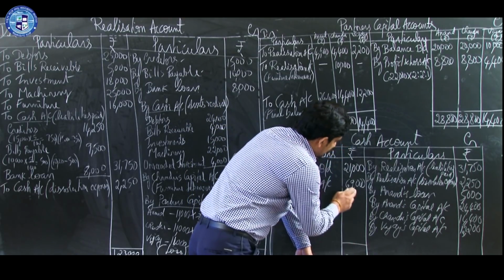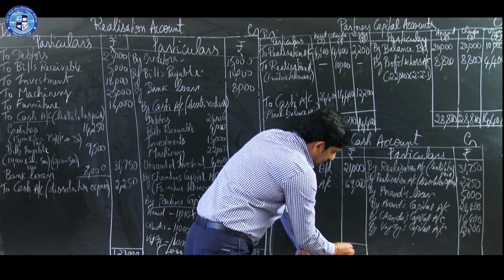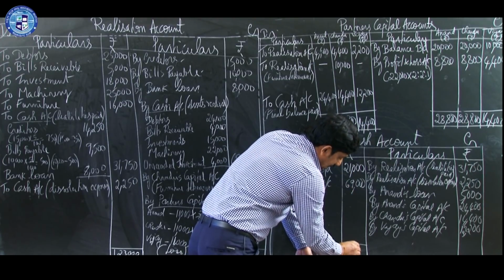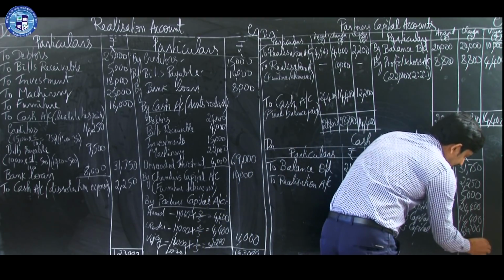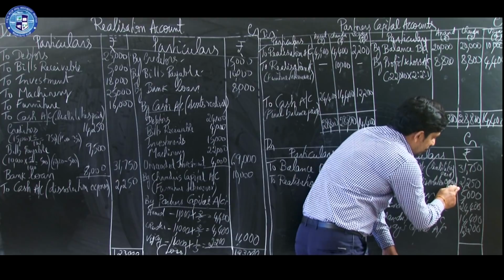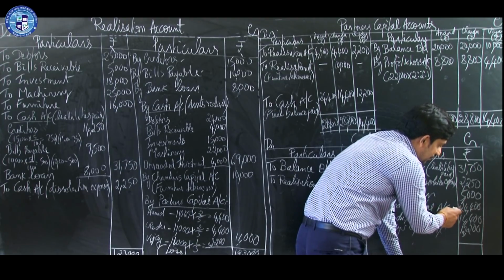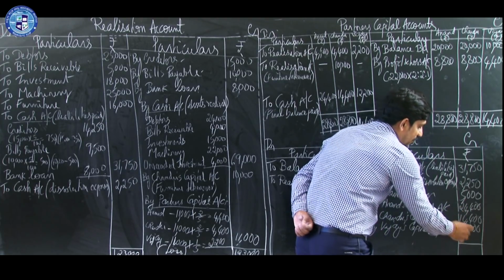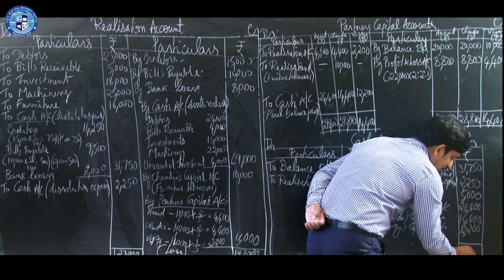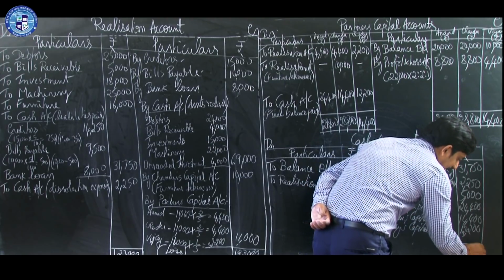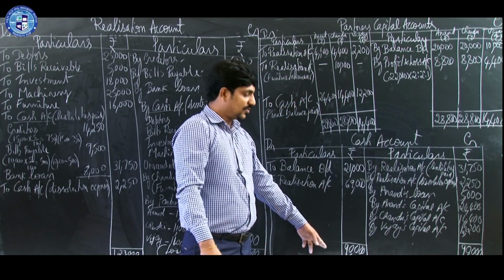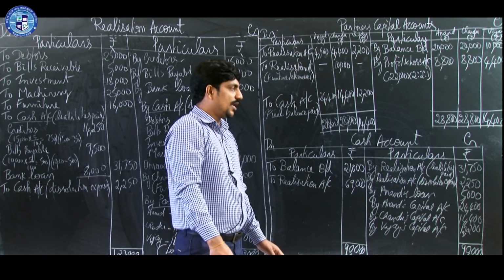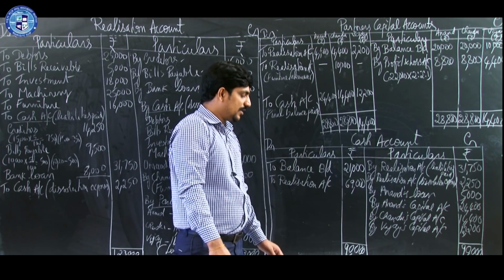Now total: 69,000 plus 21,000 is 90,000. On the other side: 31,750 plus 2,250 plus 5,000 plus 24,400 plus 14,400 plus 12,200. How much is the total? 90,000. So both sides total 90,000, and the cash account tallies.